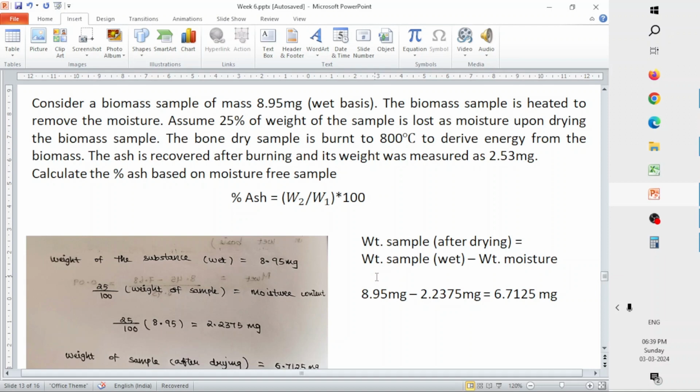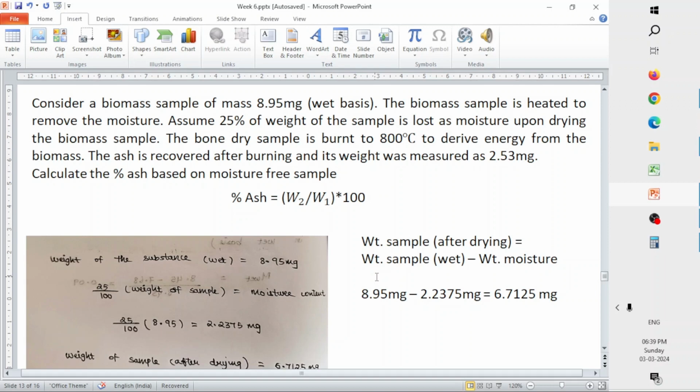Whatever remains is nothing but the ash. You recover the ash, cool it down to room temperature, and then measure the weight of the ash that is left in the biomass. That comes around 2.53 grams.